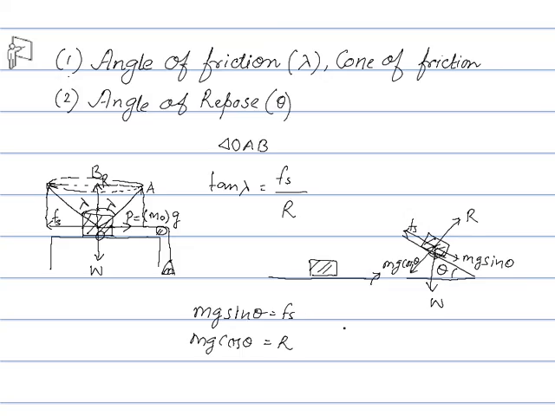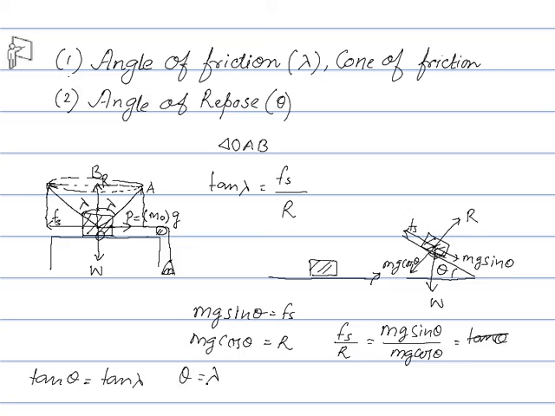So the ratio of Fs by R is mg sin theta by mg cos theta, that is tan theta. So we conclude that in these cases tan theta is Fs by R, which is tan lambda. So the angle of repose is equal to the angle of friction.